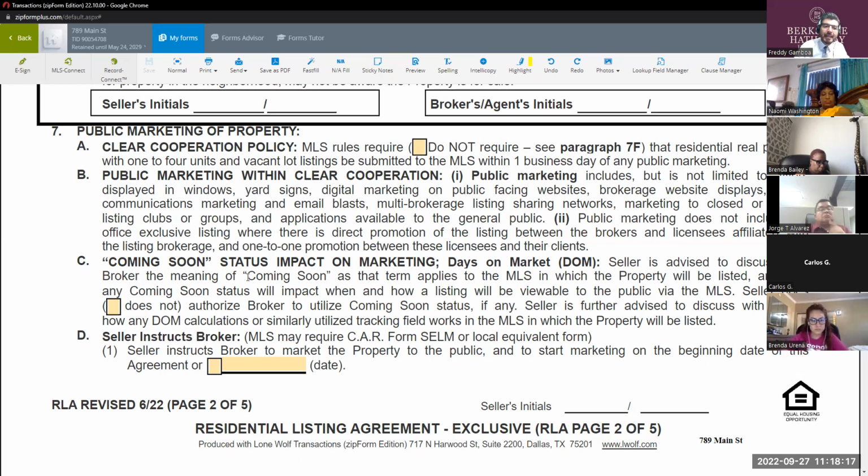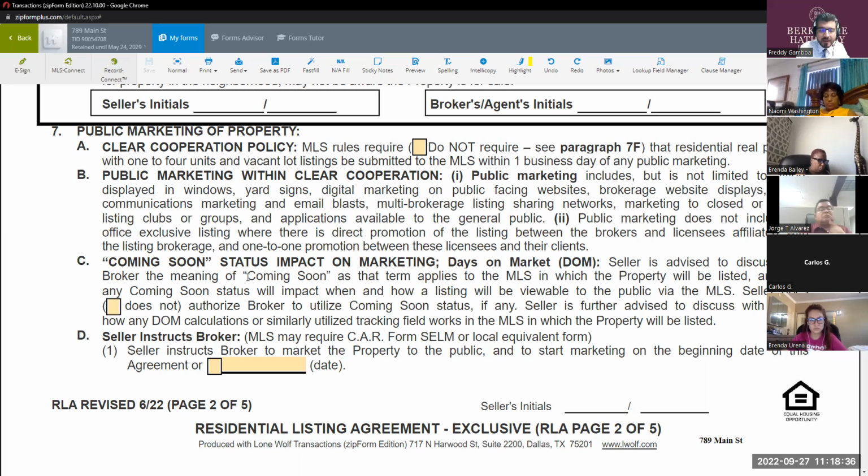So again, keep in mind that coming soon days will not affect the days on the market. Let me repeat myself. If you're going to put a house in coming soon status, keep in mind you have 21 days.